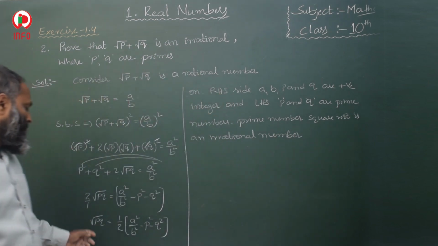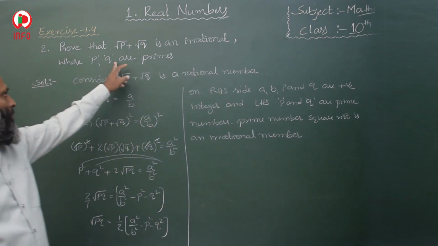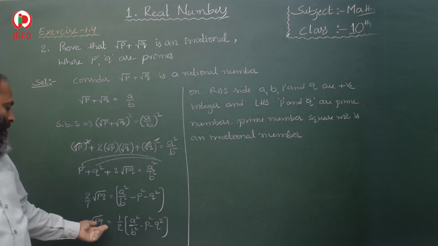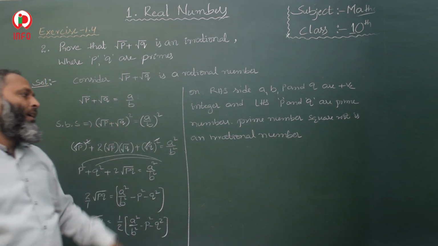That is given: p and q are primes. Prime means the square root of a prime number is always irrational.